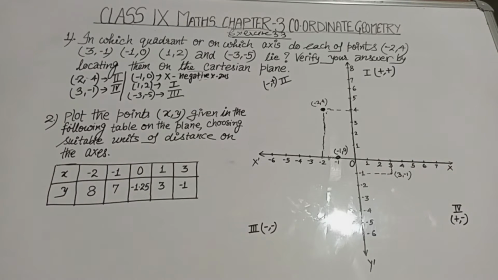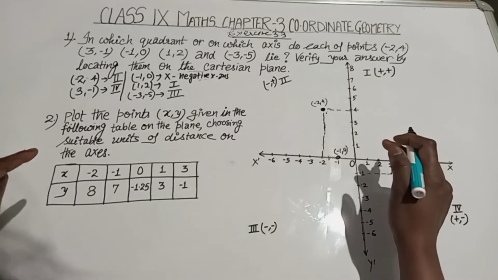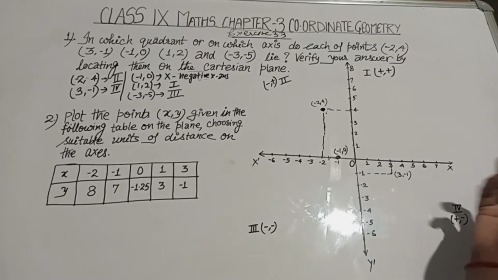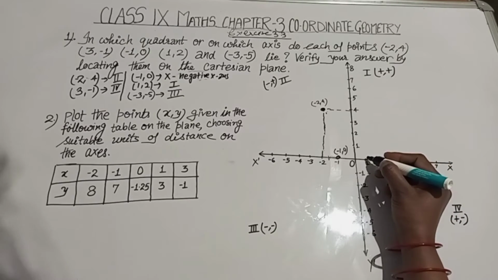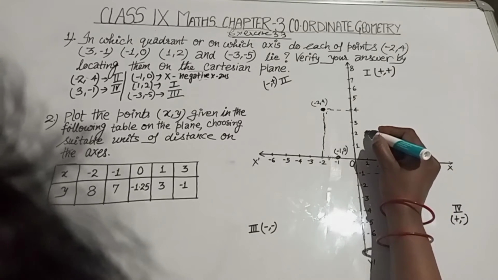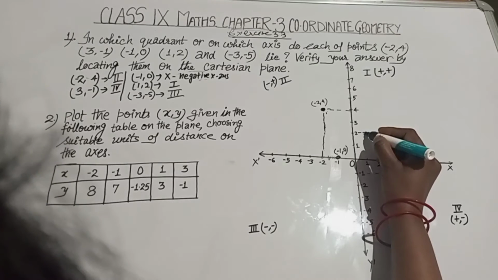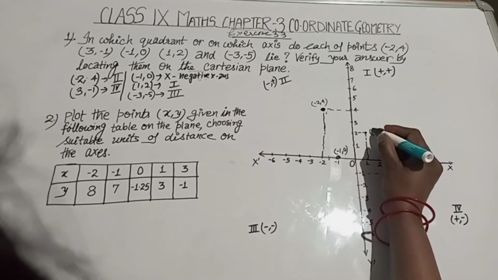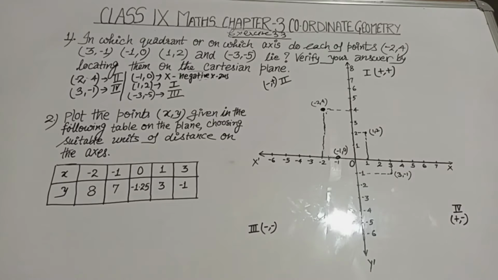Okay. Next is 1, 2. First quadrant, so 1 and 2. So 1 is on the x-axis and 2 is on the y-axis. So here you plot it. This one is 1 and 2. Next is -3, -5, a third quadrant.